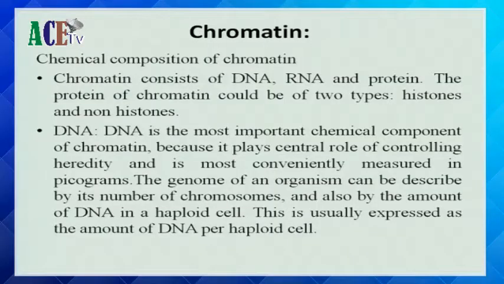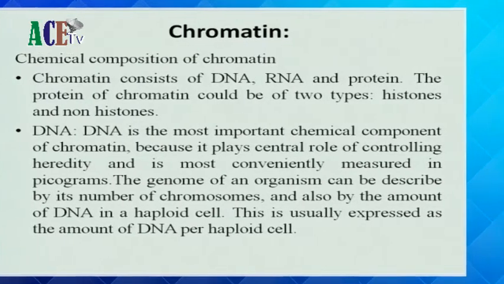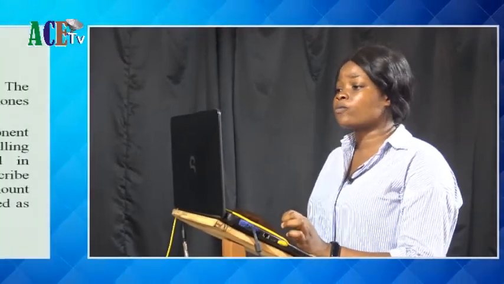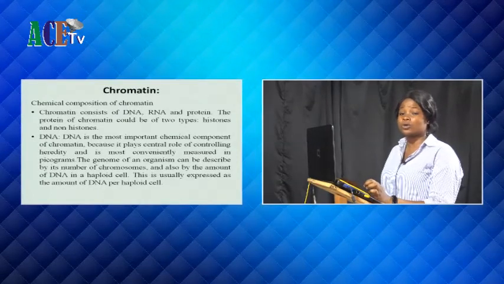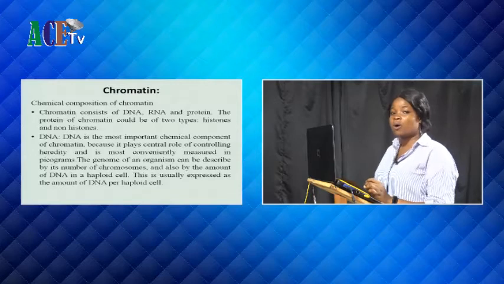Then let's look at chromatin. As I explained earlier, I said chromatin and chromosome. The difference between them is that chromatin is loosely arranged, while the chromosome is tightly packed together so that you can see it at the metaphase.